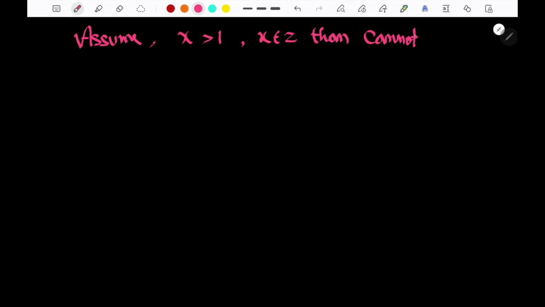So let's assume there exists one integer, say x greater than 1, x belonging to Z, that cannot be written as a product of primes.